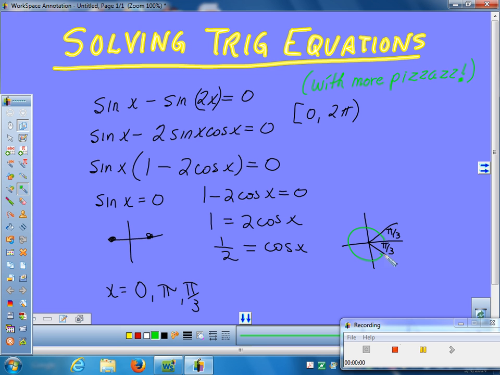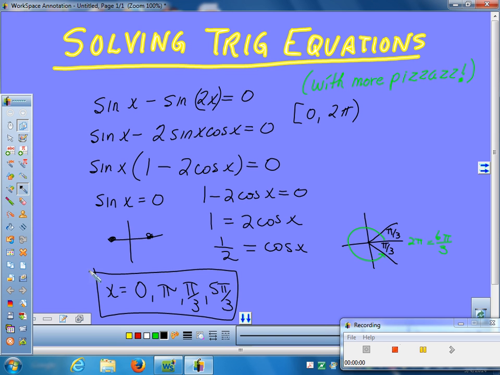Yeah, because I'm going all the way around. So if this is 2 pi, I'm 1/3 short, and if I make that into a common denominator, 6/3 take away 1/3 is 5/3. And I didn't have any fractions up there, excluded values, anything to make me have to go check my answer, so we're good.